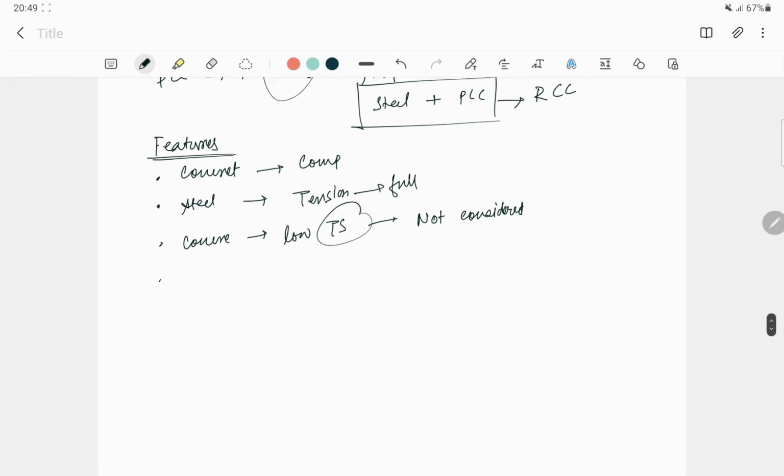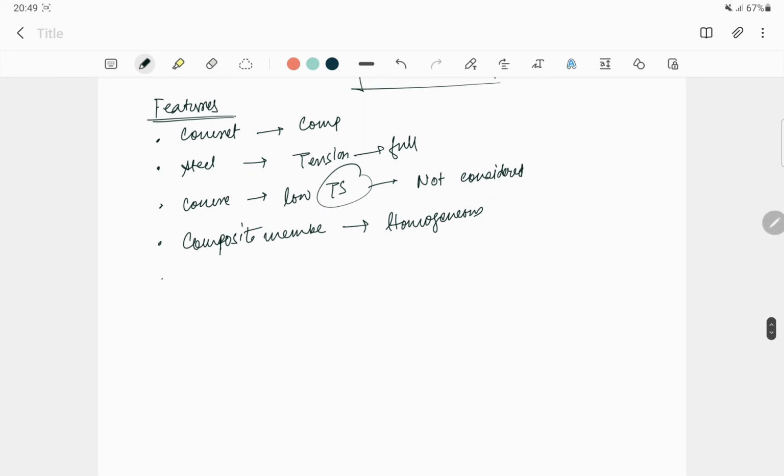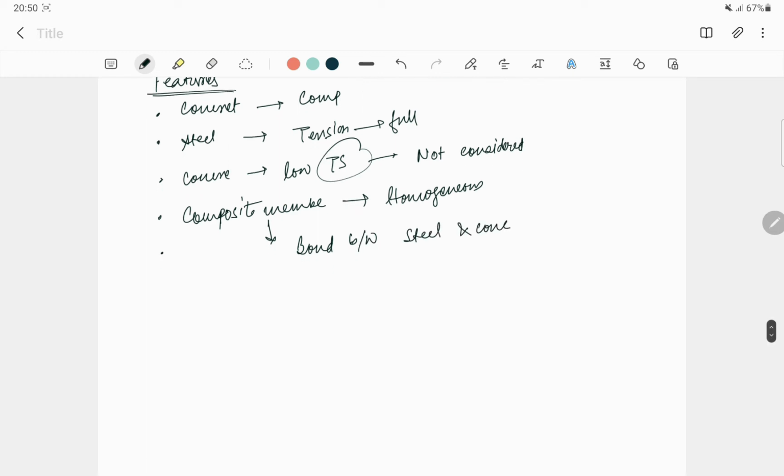This is generally a composite member, but as per design we assume it is homogeneous. The composite action depends on the bond between steel and concrete, and thermal expansion.